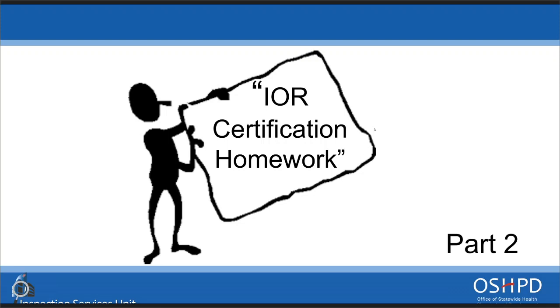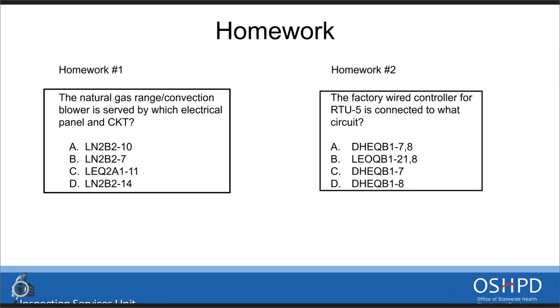Hello, everybody. Thanks, Caesar. I hope everybody had a chance to take a look at the homework. We'll go ahead and review each of those questions, and then I'll show you the process of how to get the answer. And if you have any questions afterwards, just bring them up. So number one, the natural gas range convection blower is served by which electrical panel and circuit?